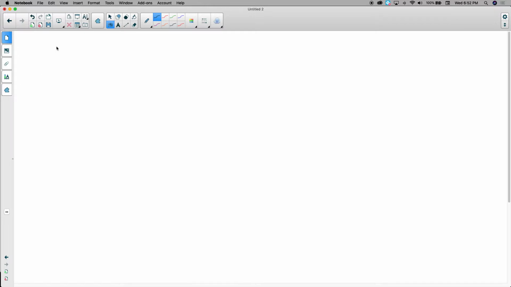Okay, so I'll just spell it out here. We're going to find the area of the ellipse, and the ellipse is written with rather nice coefficients.